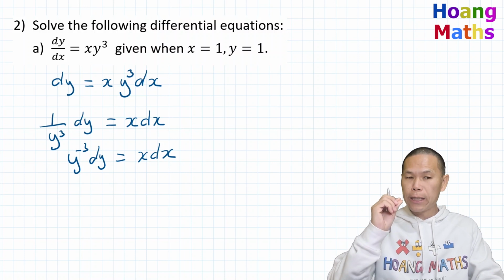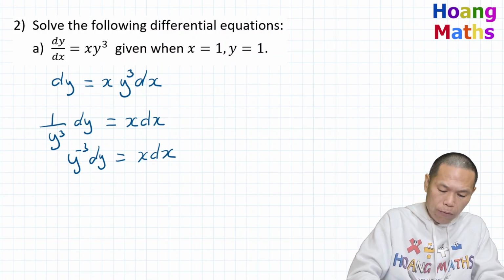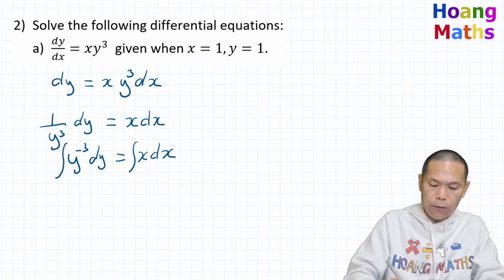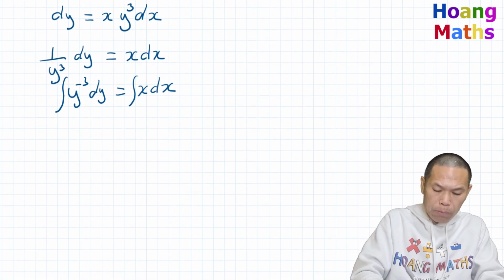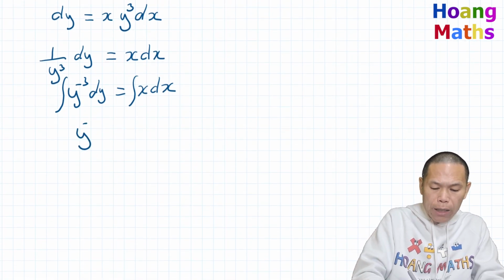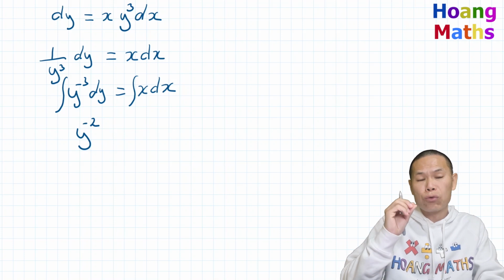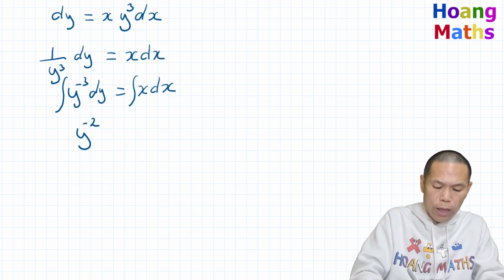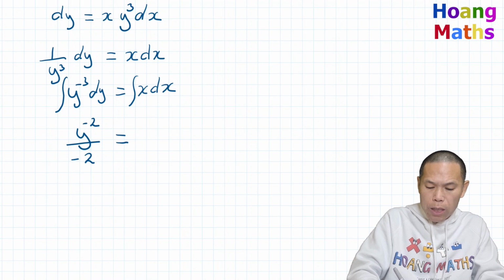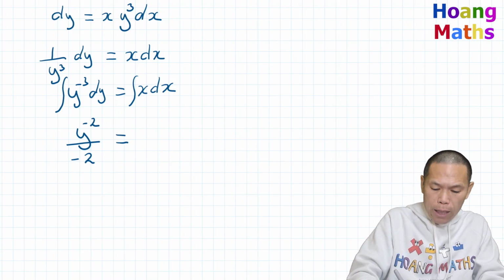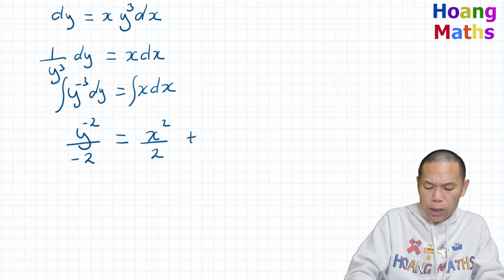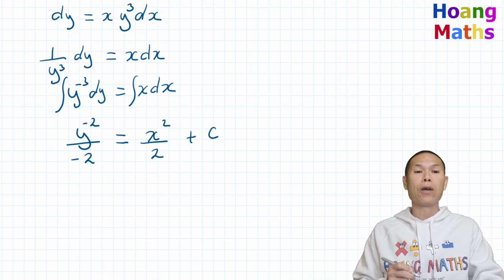So now I integrate both sides. If I integrate this, that becomes y to the power negative 2, because negative 3 plus 1 becomes negative 2. Then we divide by negative 2. And integrating x gives me x squared over 2. We add a constant c after the integration.